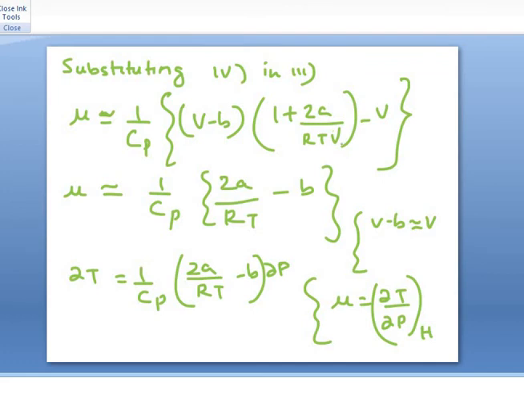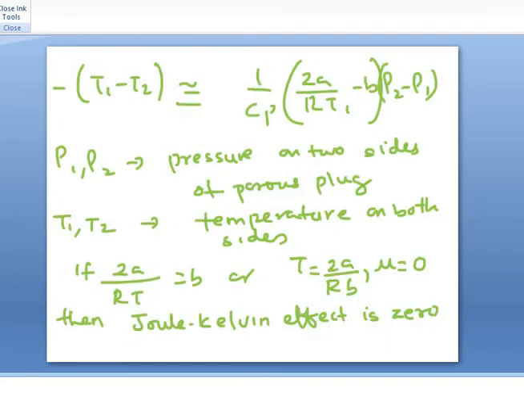In the second term only you do that, minus V. So finally this comes out in this form. So mu, what is mu? Mu is dou T by dou P at constant H. So bring it this side. And finally, what is dou T? T1 minus T2? So this will be T2 minus T1. So it will be minus of T1 minus T2, approximately equal to 1 by Cp, 2A by RT minus B, times P2 minus P1. This is mathematically very simple.